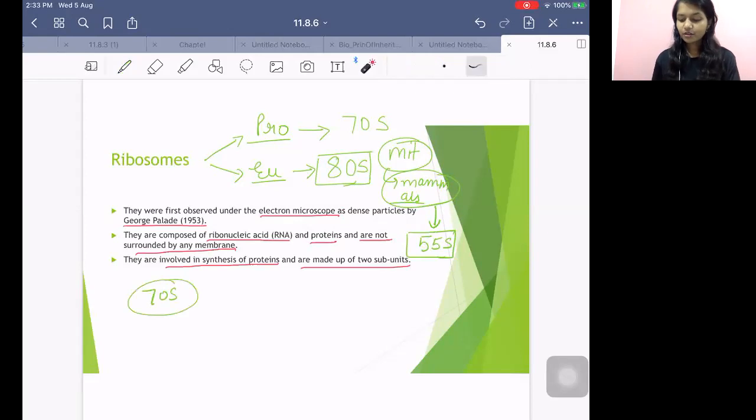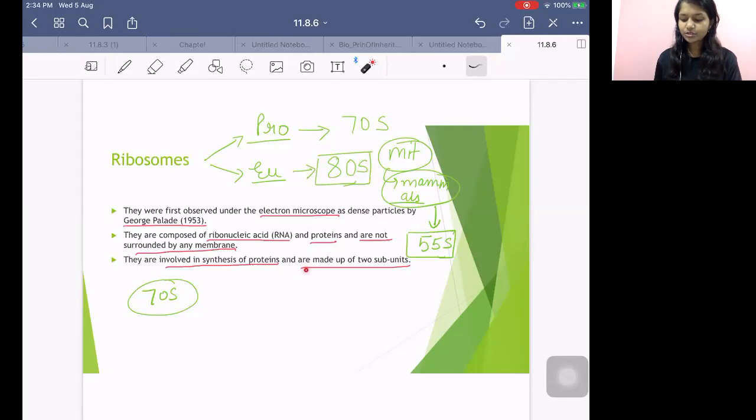But for mammals, your mitochondria is 55S. Other than mitochondria and plastid, all the ribosomes in eukaryote are 80S.